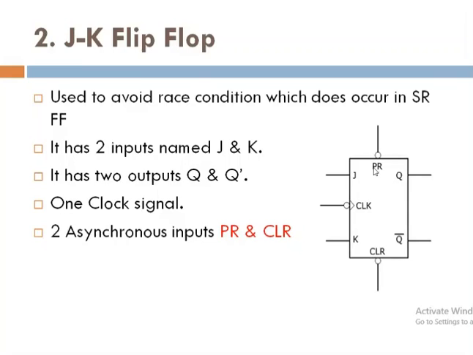Initially you are setting a predefined value for your application, either 0 or 1. If you want to set a predefined or default value for your circuit, then you can use the preset and the clear.